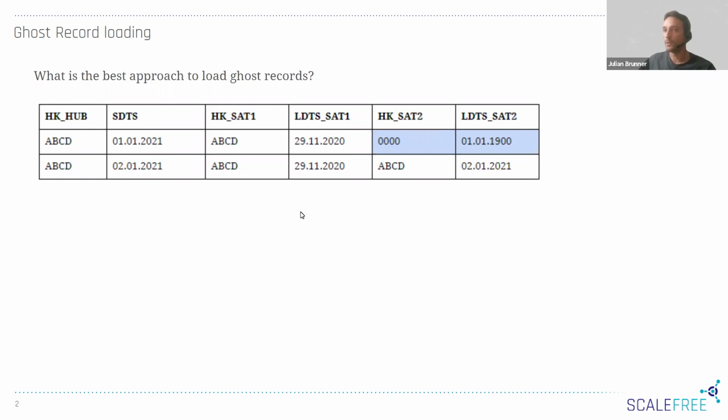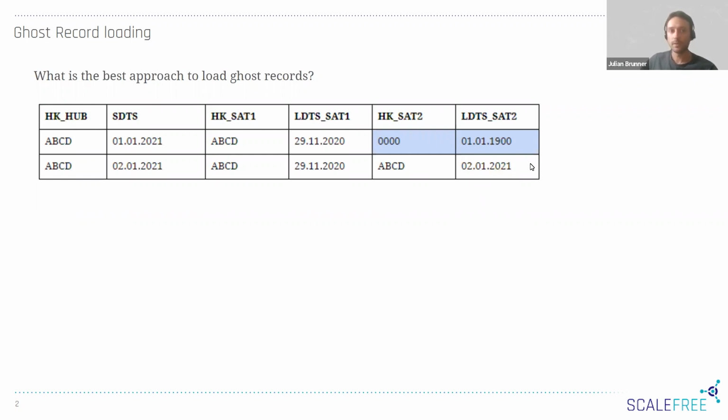On the second day, the 2nd of January, for the first satellite the reference is still the same, so it's still referencing the same record in the satellite. For the second satellite, there was a change in the reference, which means that on this day we get a new entry, the very first entry for this business key in the satellite, and now we have a valid, active record.